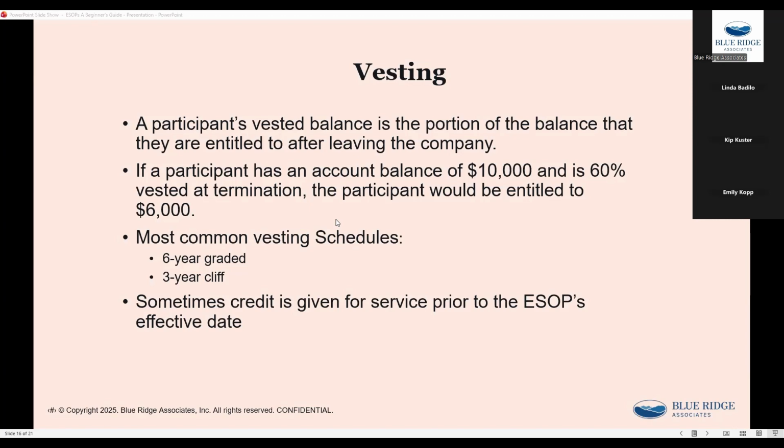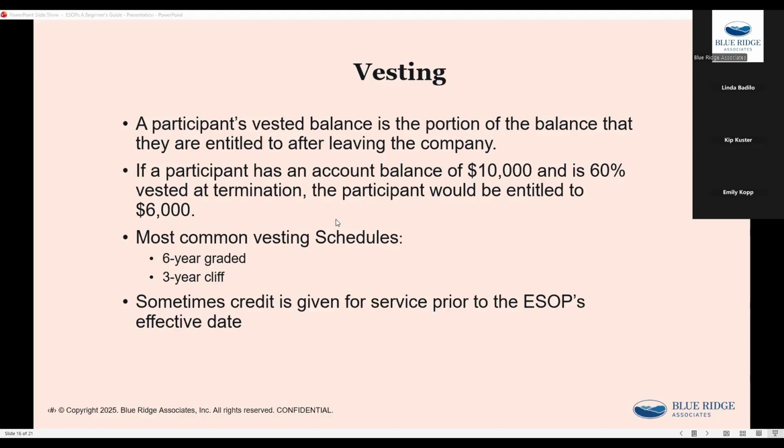It's important that you confirm this with your plan documents, since each plan document is different and the plan rules are different for vesting purposes. So just check with your plan provisions, and if you don't want to do that, reach out to your Blue Ridge administrator, and they'll be more than happy to help you find the answer to that question. What's your plan's definition of normal retirement age, and when participants will become fully vested upon a certain event.